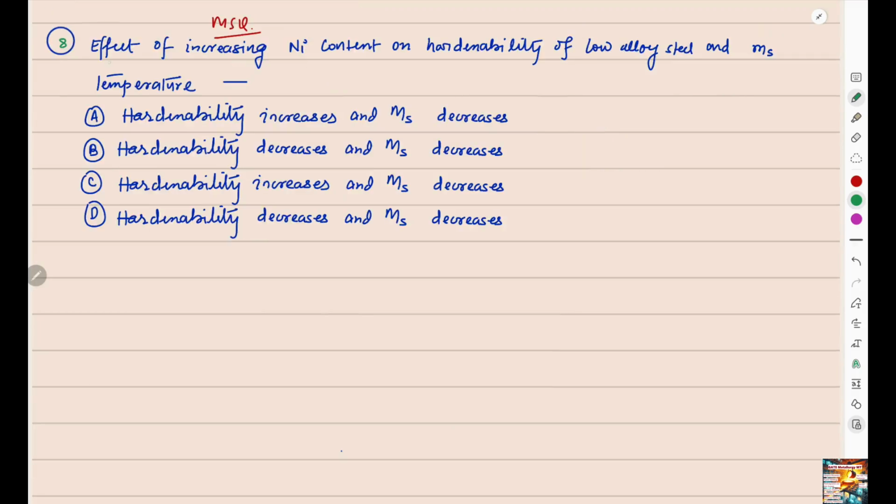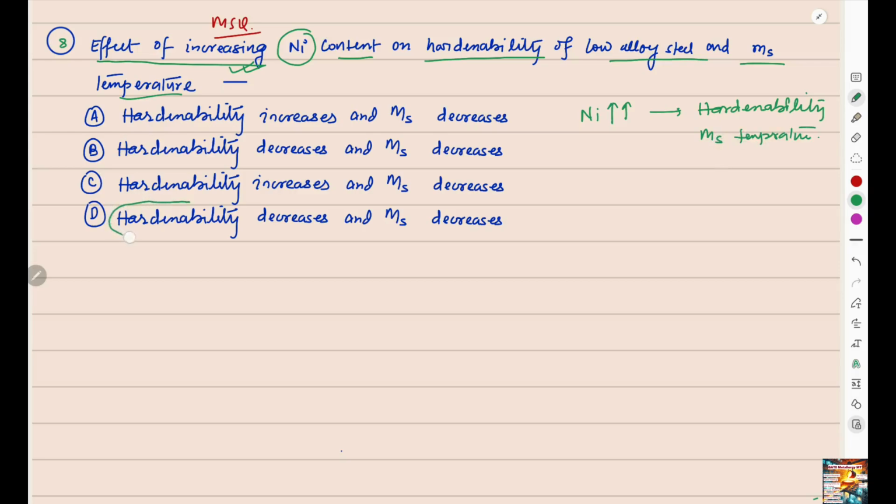According to this question, what is the effect of increasing nickel content on the hardenability of low alloy steel and the MS temperature? The term hardenability is defined as the ease of formation of martensite, that is, how easily martensite can be formed.